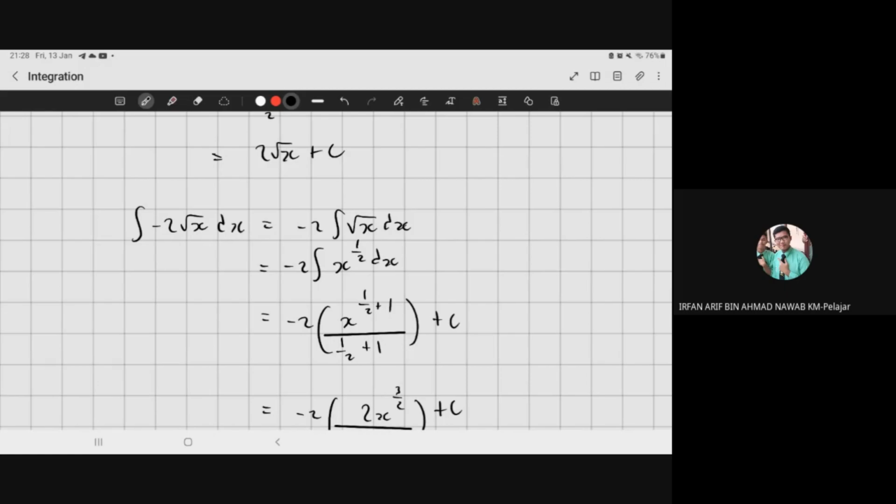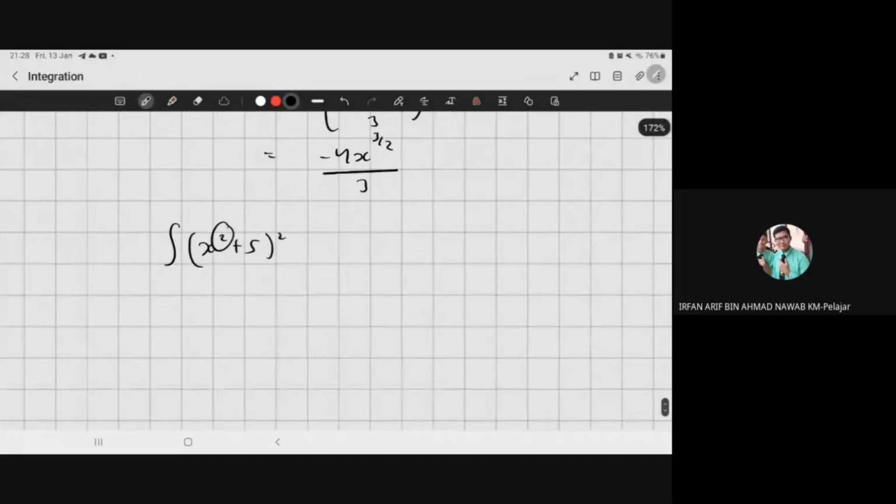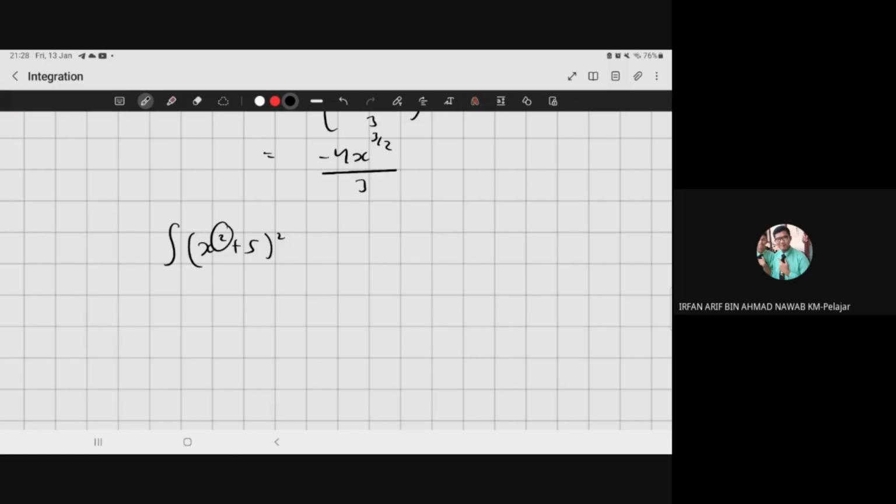It is a quadratic, a polynomial of degree 2, so you can't just apply the fifth rule of integration. But here we can expand, no problem, and then from there, solve as usual based on the rules that you are given. Okay, simple as that.